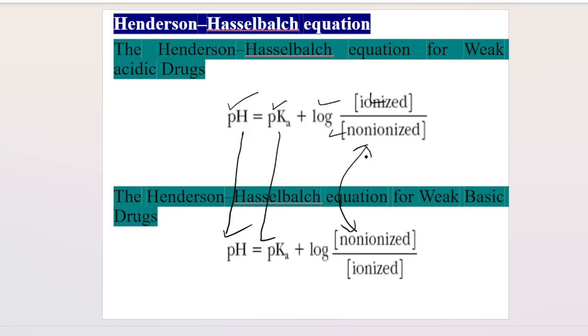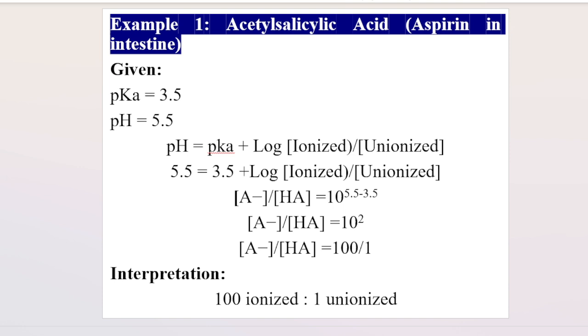Okay, moving to the next slide: if the drug is acidic in nature, we will apply the first equation, and if the drug is basic in nature, we will use the second equation to calculate the ratio.